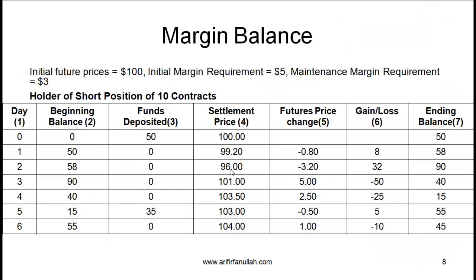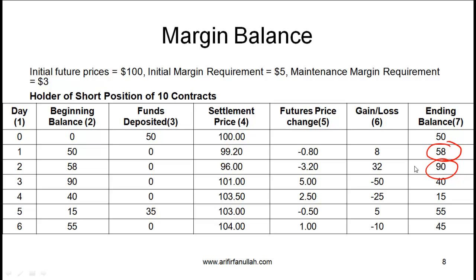The next slide simply shows what happens to somebody who has taken a short position on say 10 contracts of the same underlying. I'll not go over these numbers, I want you to do that, but basically it is exactly the opposite of what we just talked about. So when somebody has taken a short position, any reduction in price, so when prices go down, the short position actually is benefiting.